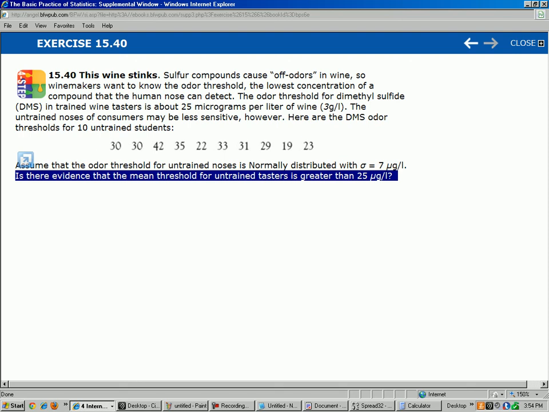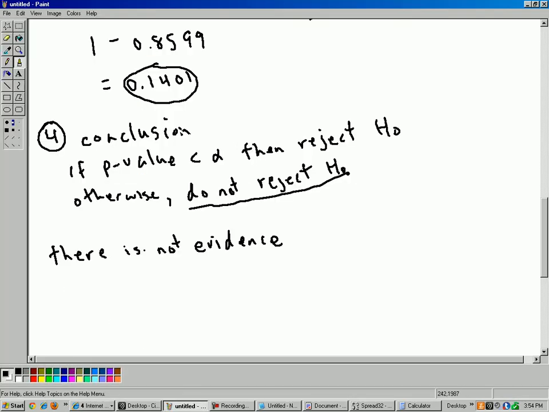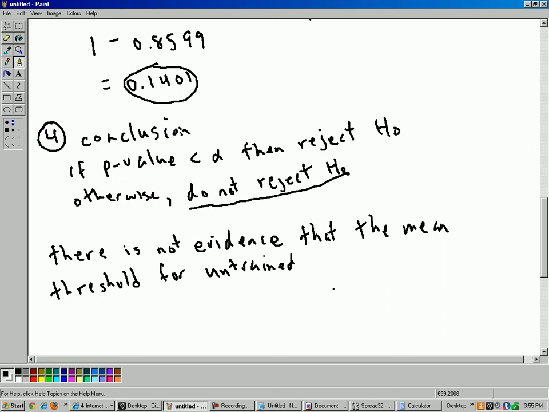So there is not evidence that the mean threshold for untrained noses is greater than 25. Basically you can just repeat the question and say yes or no, there's evidence or not evidence for your final answer.